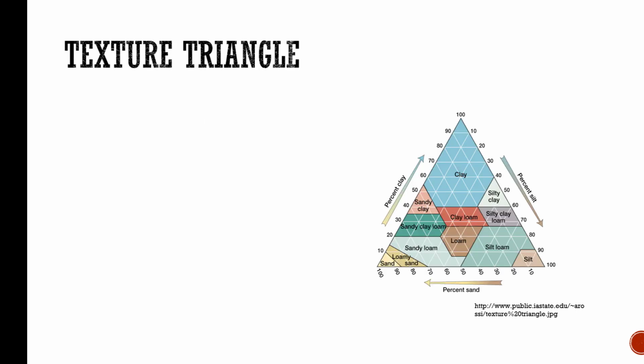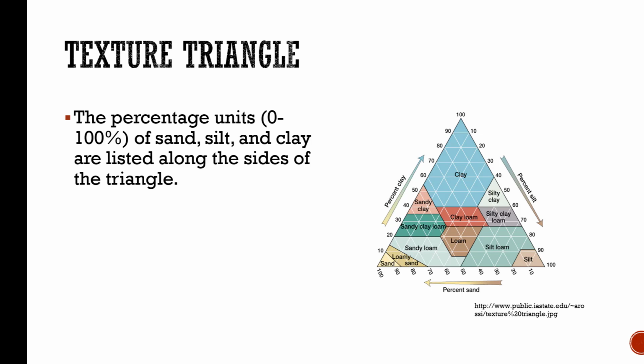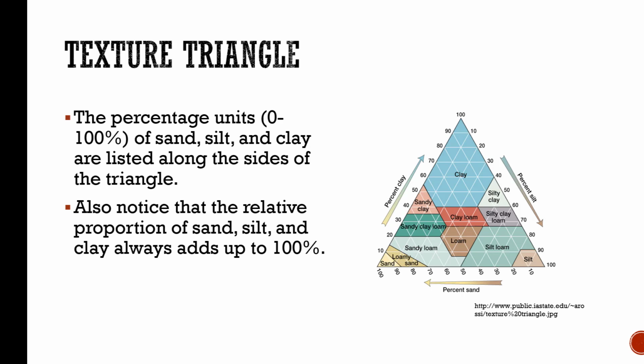Okay, here's your triangle again. So the percentage units, 0 to 100% of sand, silt, and clay are listed along the sides of the triangle. Also notice that the relative proportion of sand, silt, and clay adds up to 100%.